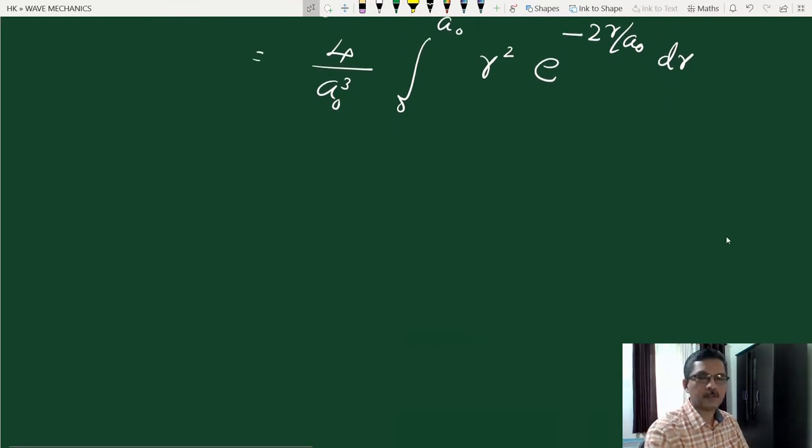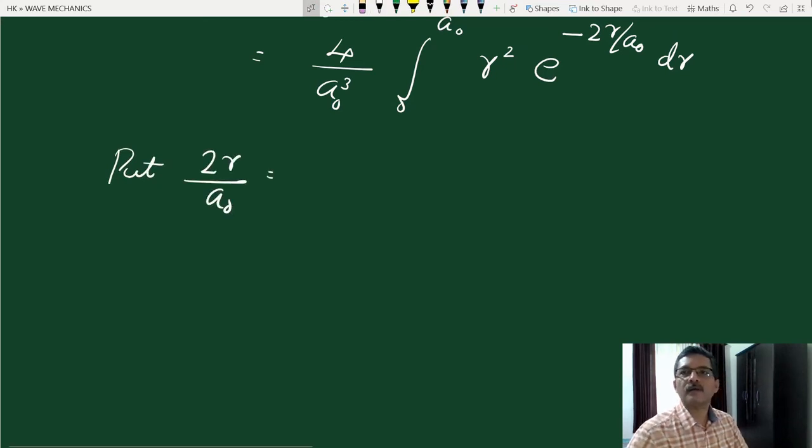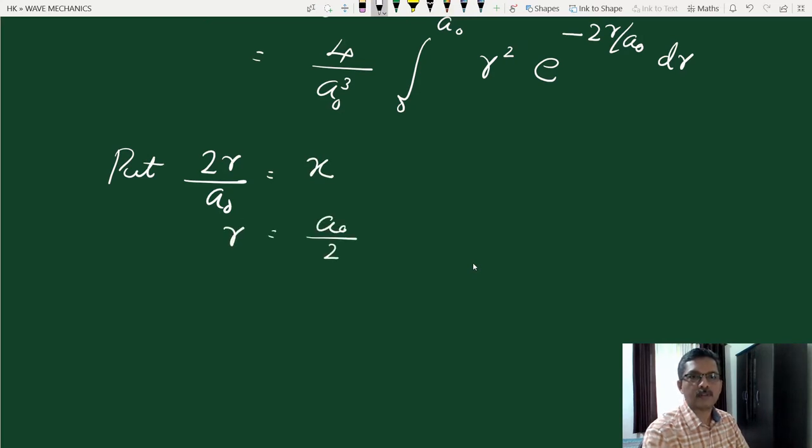Let me put this 2r by A0, the factor in the exponential, as some variable, let us say x. So we have r is equal to A0 by 2 into x.